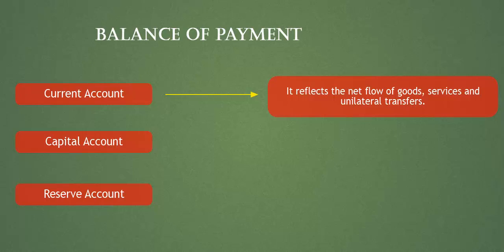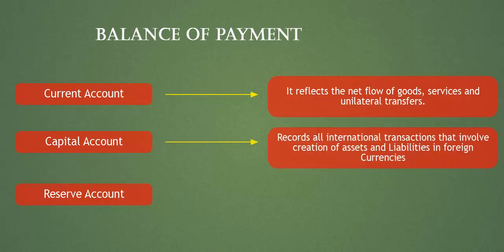Current account. The current account of the BOP is made up of three balances, namely merchandise, visible balance, services, invisible balance, and unilateral transfer balances such as gifts, donations, etc. Effectively, it reflects the net flow of goods, services, and unilateral transfers. Capital account.